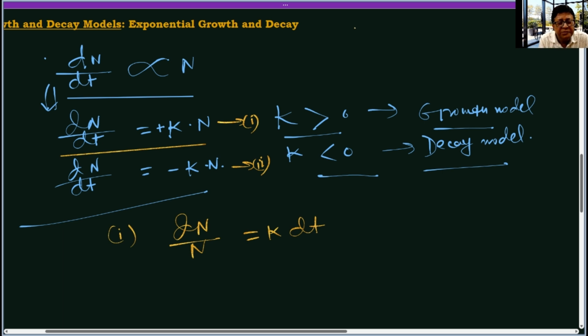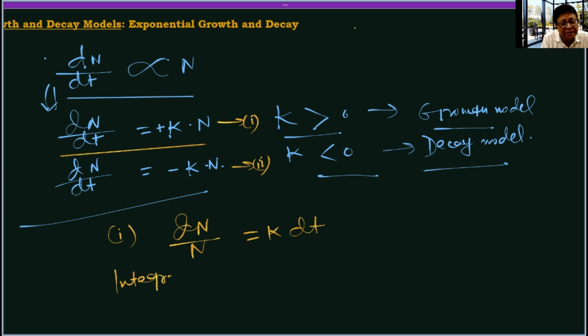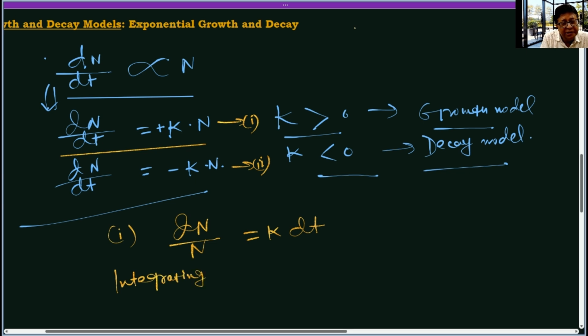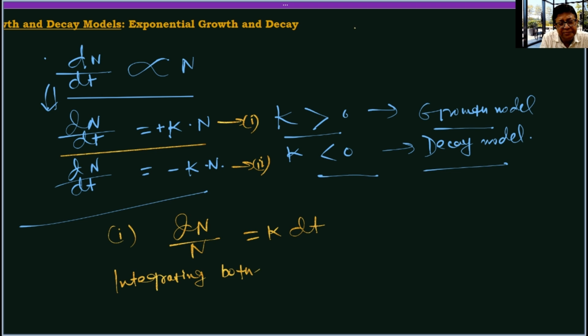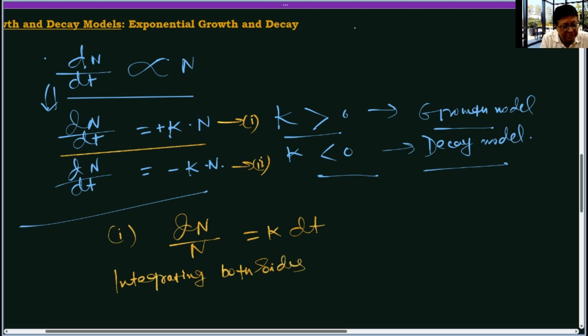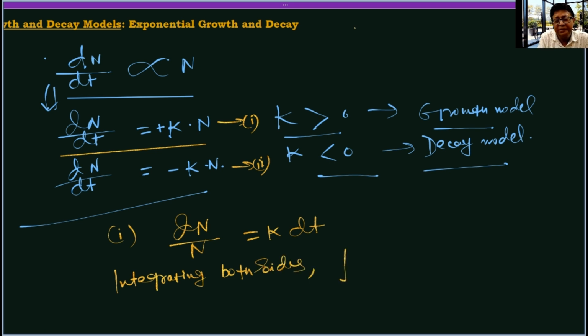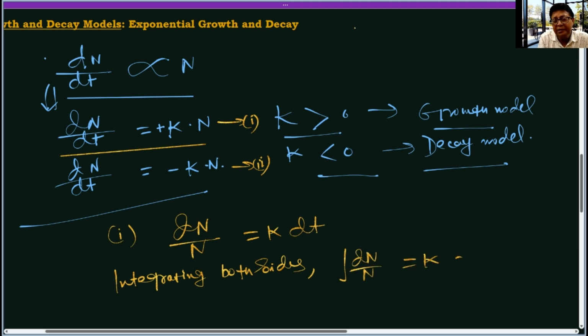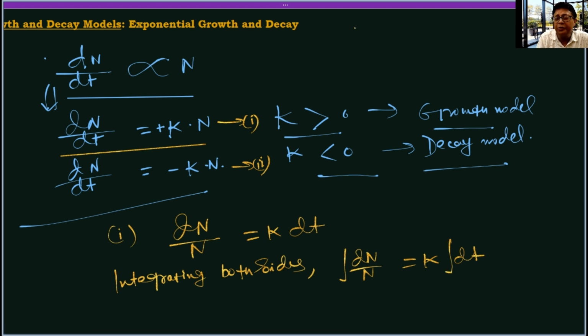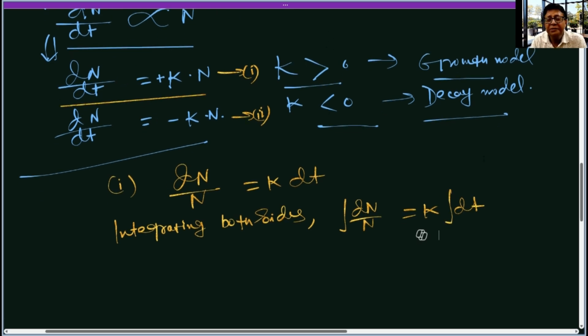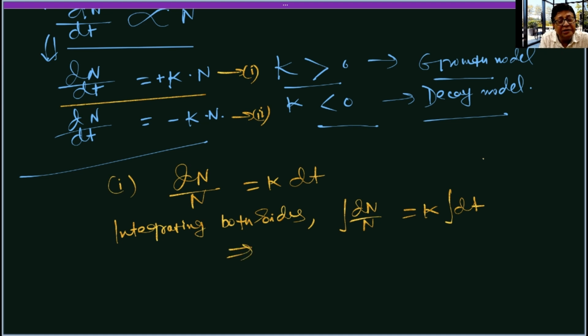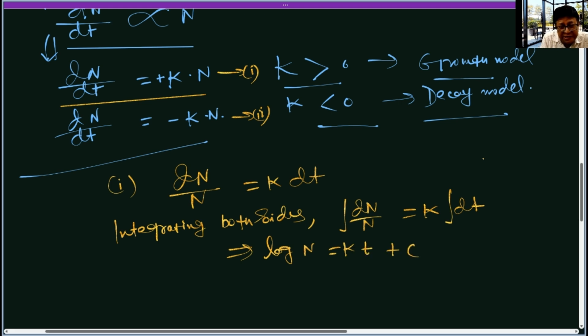Now integrate both sides. Integrating both sides, what do you get? Integral of dN/N equals integral of k dt. What is the integral of dN/N? This integration all of you know: log N equal to kt plus a constant c.